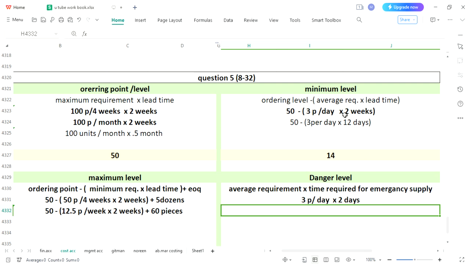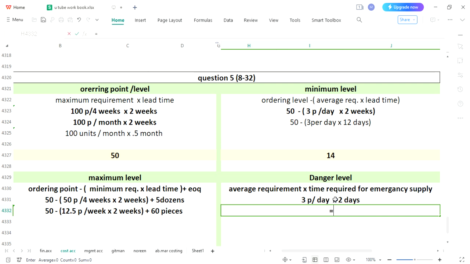In minimum, maximum and ordering level, inputs were not matched, so you had to synchronize them. In all three you changed the inputs. But here in danger level, your average requirement is for a day, and time is also mentioned in days. Both are matched. We don't need to change them. We can directly calculate our answer.